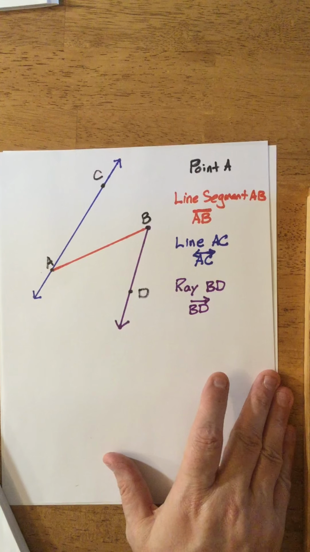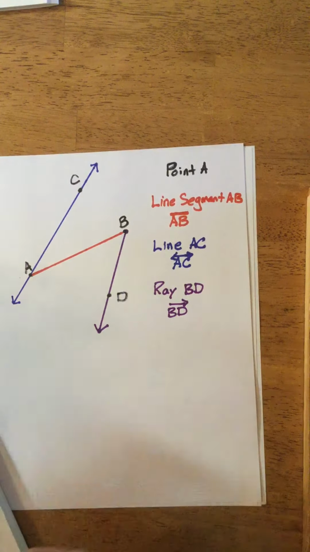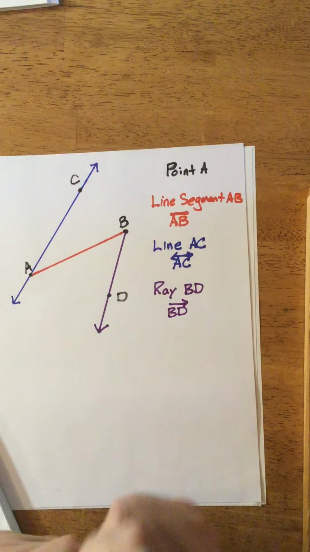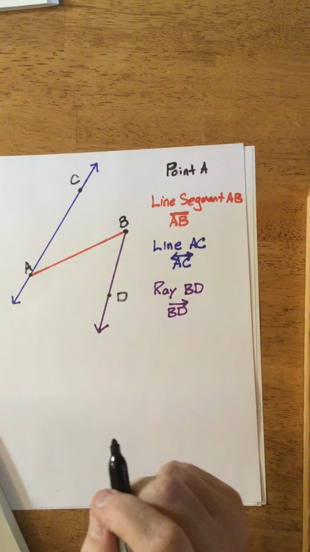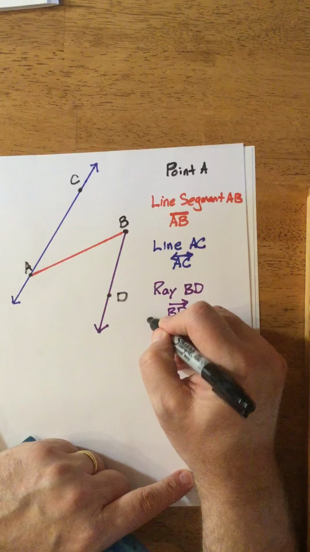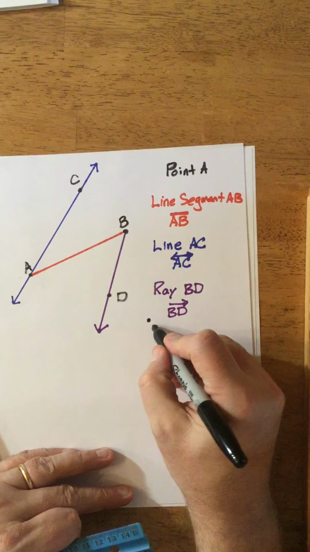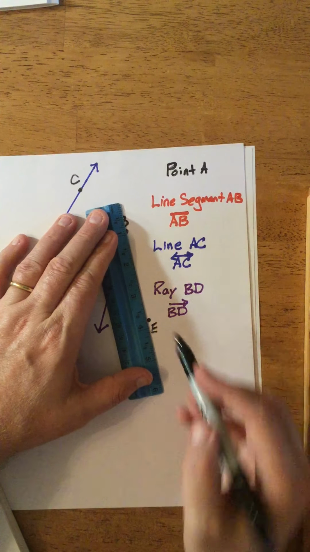What we've done is we have created something here, and I want you to notice that I could call it, I'm going to back up here for a second. I'm actually going to put it right here. Another dot. I'm going to label this one with the letter E. And I'm going to do the same thing.